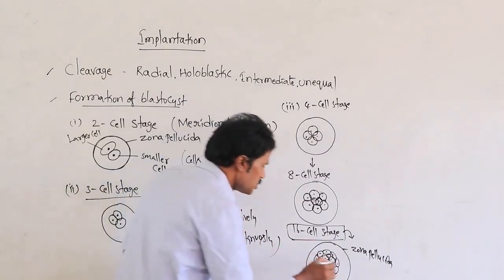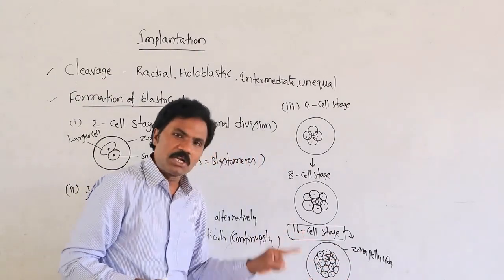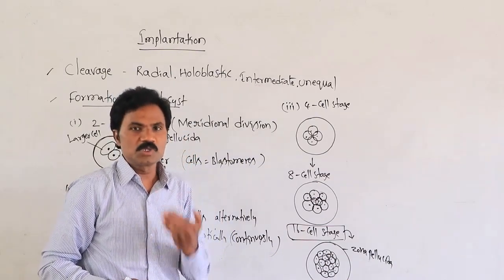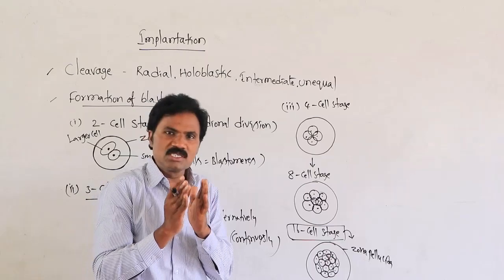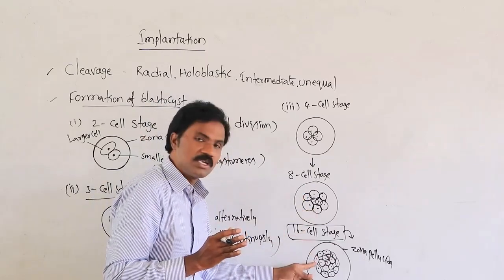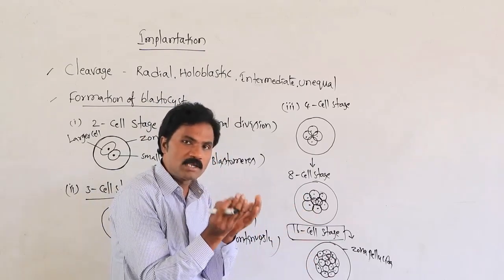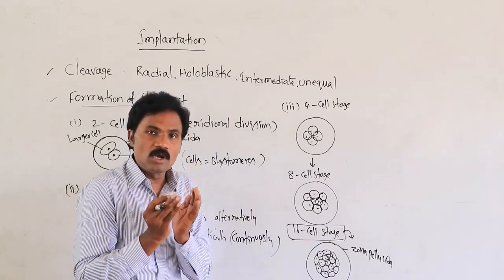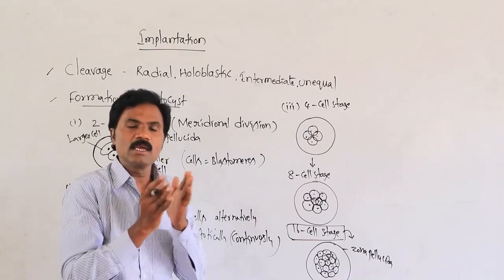This particular stage, that means 8 to 16 or 16 to 32. This is 8, this is 16. Why? Because both look like a ball-like structure, a solid little mulberry-like structure.